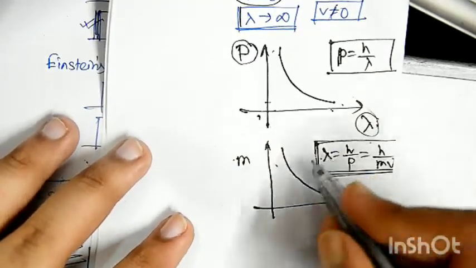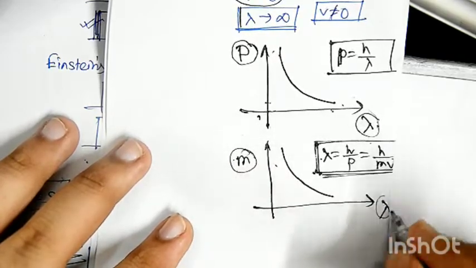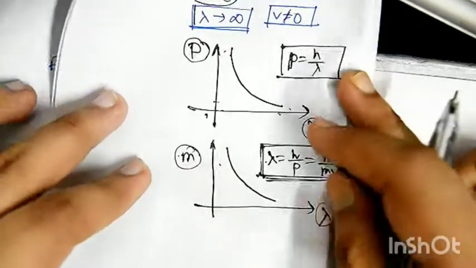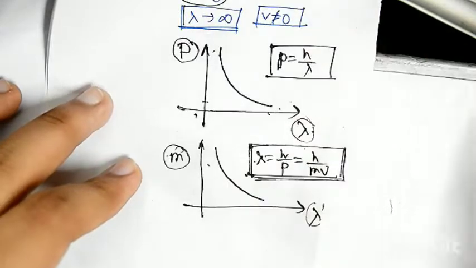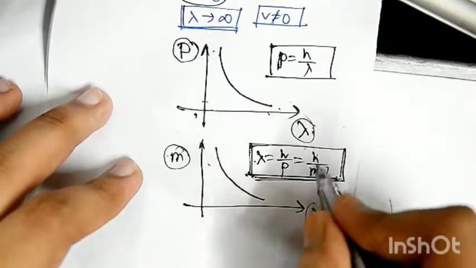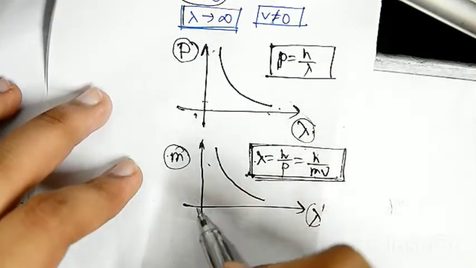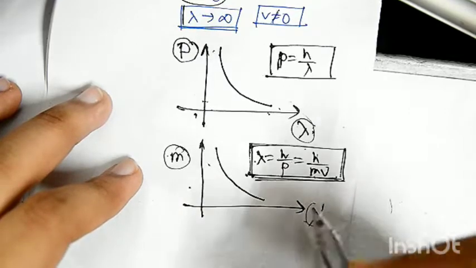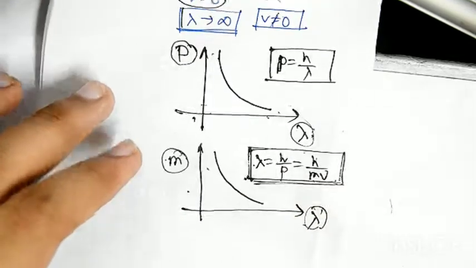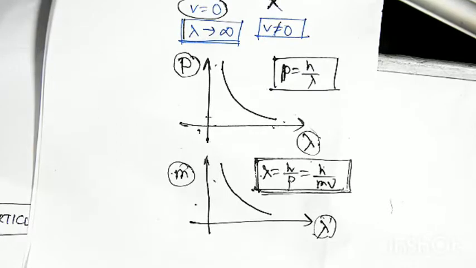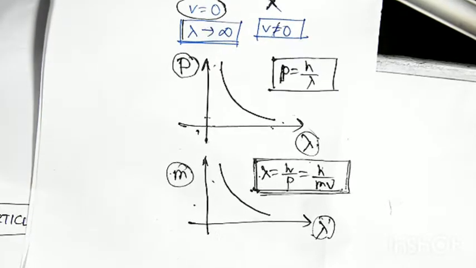And if I plot mass versus wavelength, we also get the same kind of relation, because lambda equals h by p, that is h by mv. So mass and wavelength are also inversely proportional to each other. That is why we also get similar kinds of graphs.